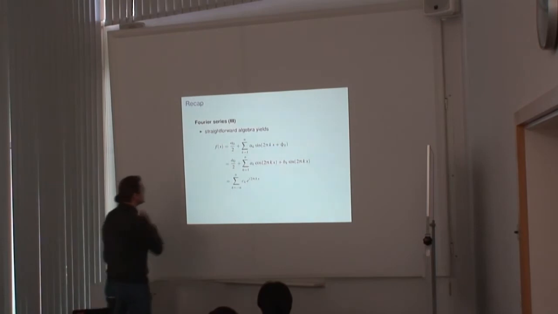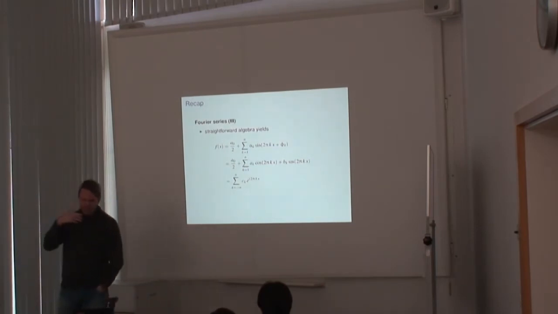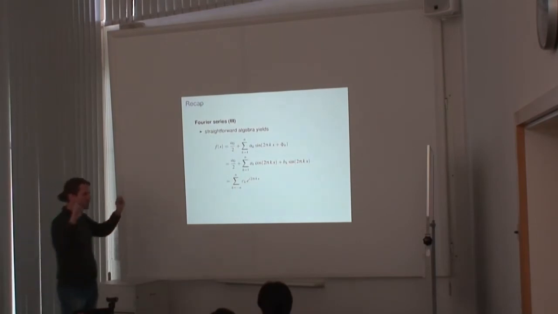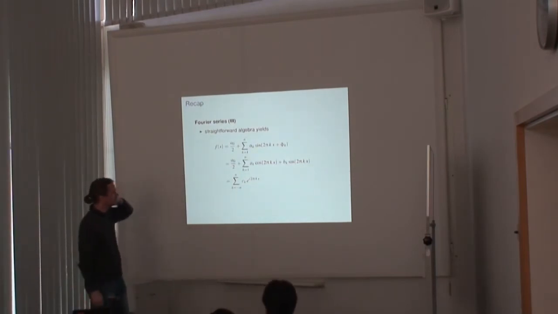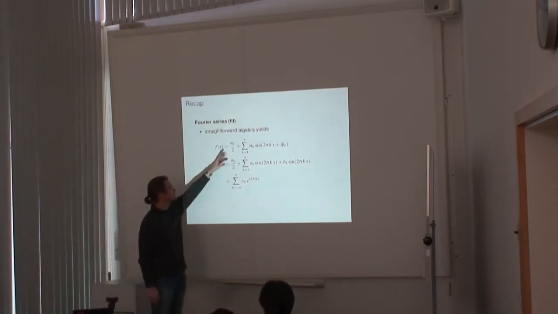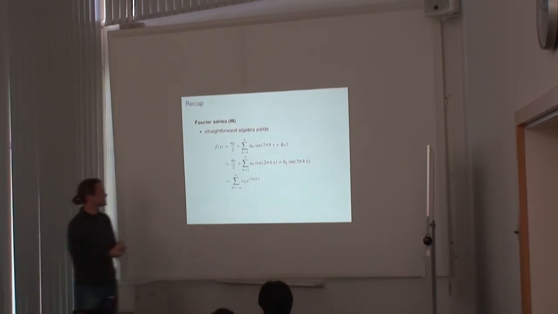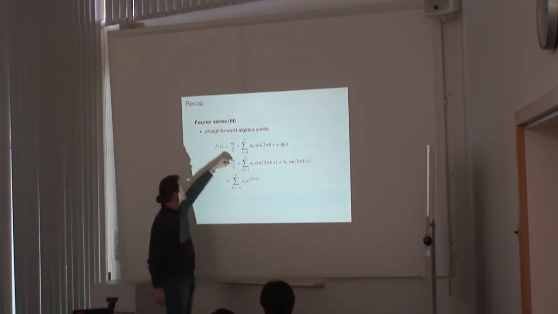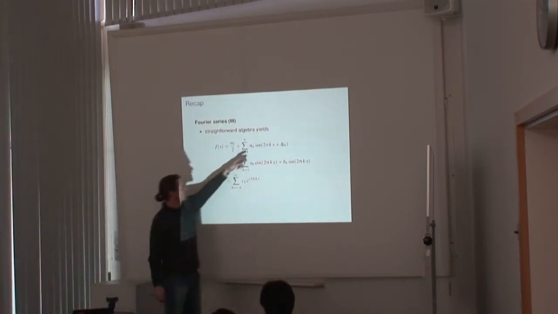What we then did was to rewrite our model of a periodic function. Again, what we started out with was this idea of expressing fairly arbitrary, fairly general periodic functions as a constant times a linear combination of sine waves.